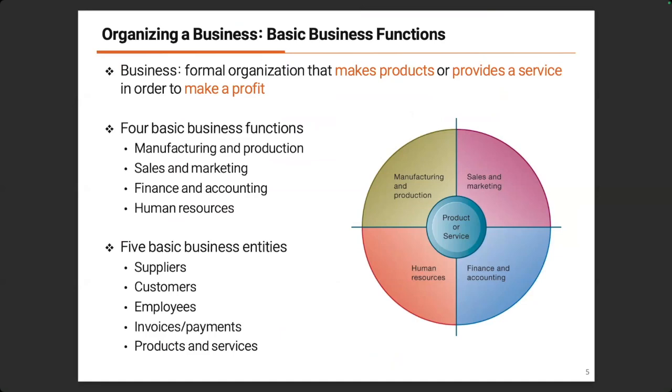So there exist manufacturing and production departments, sales departments, marketing departments, and so on. Also, there are some basic business entities related to the basic business functions. So there are suppliers, customers, employees, invoices, payments, and products and services.